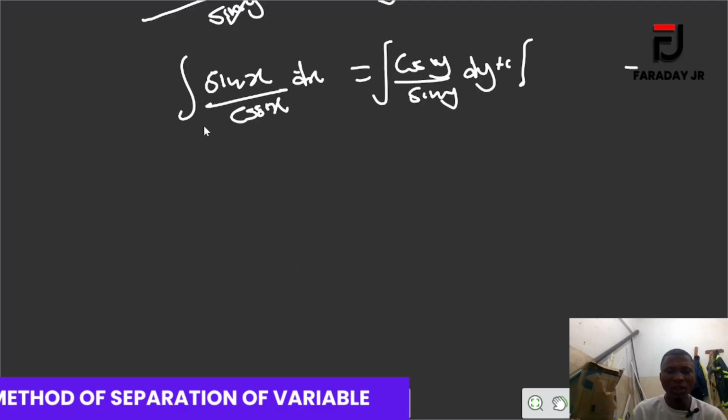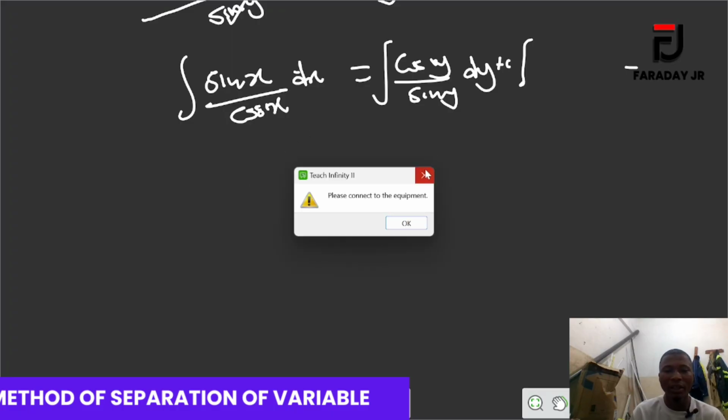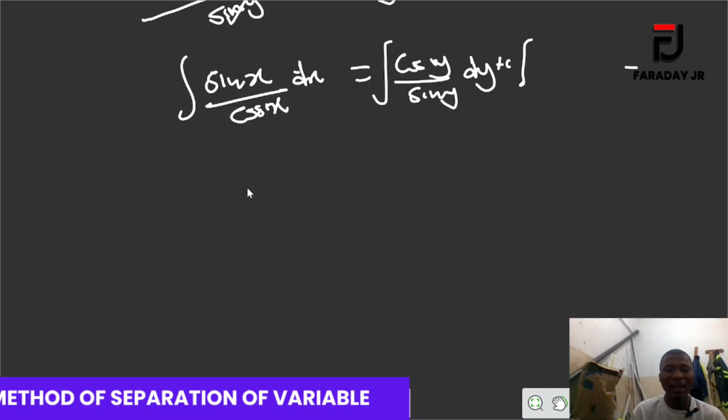Okay. Now we are going to integrate both sides of the equation. Realize that there is a rule which states that anytime you differentiate the denominator and you get the numerator, the result is ln of the denominator. So when we differentiate cos x, we end up getting negative sine x.